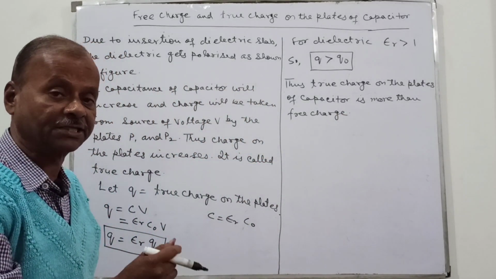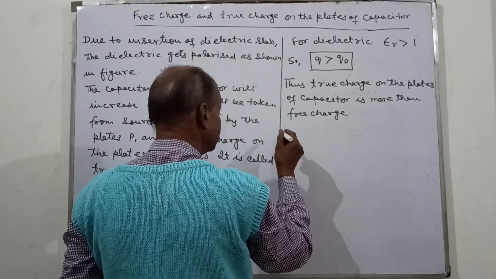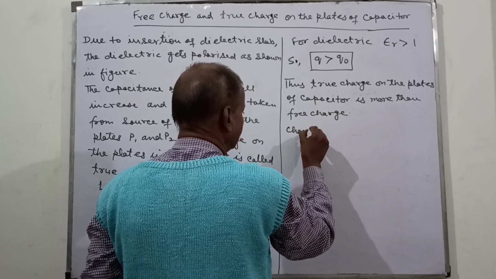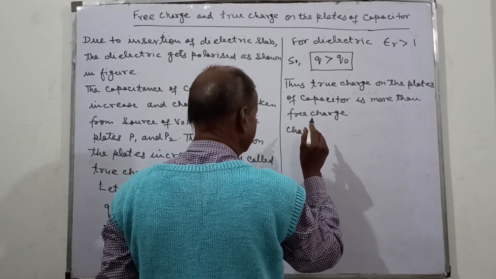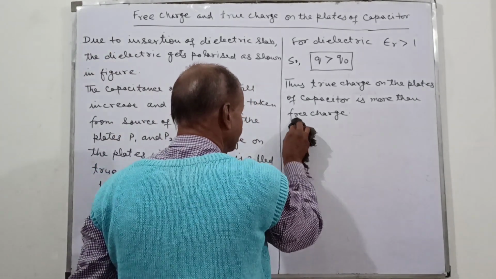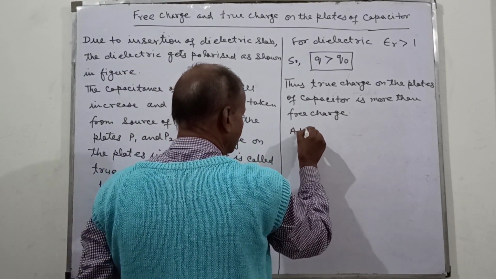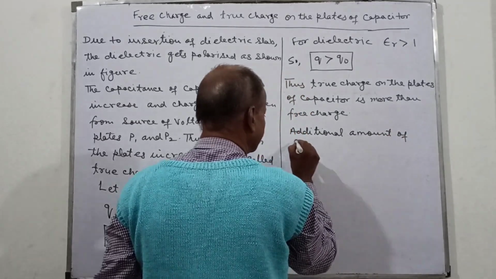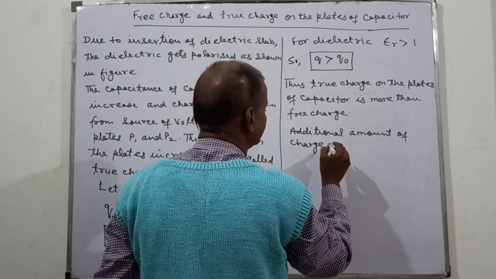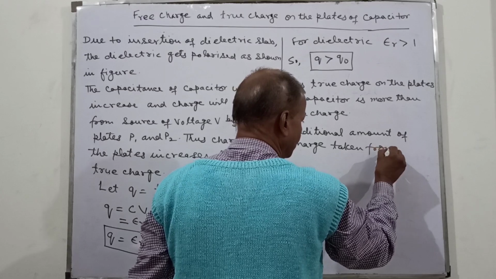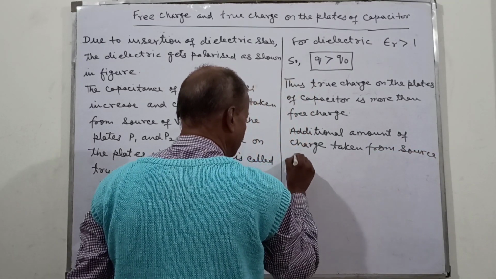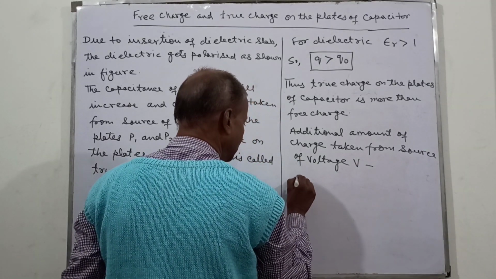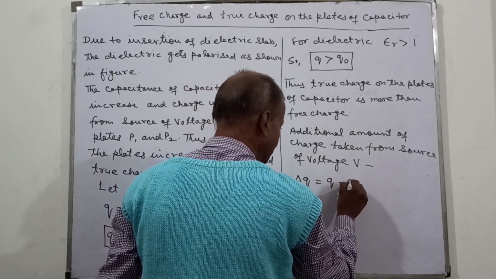Now by how much has this charge increased, how much additional charge has it taken? Additional amount of charge taken from the source of voltage V. Now this delta Q is equal to Q minus Q naught.